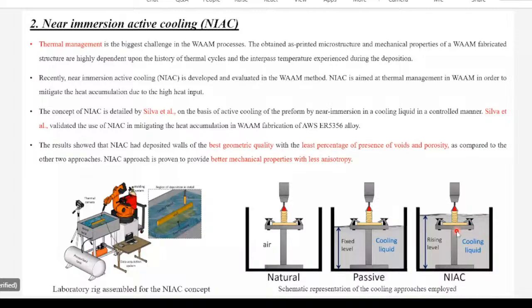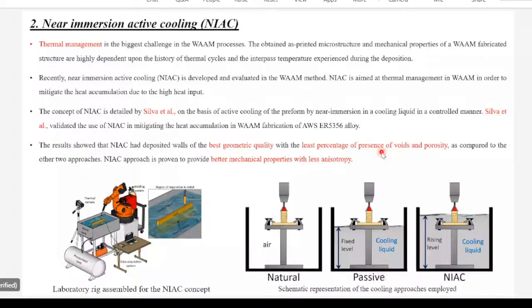With this near immersion active cooling, the results showed that with the NIAC deposited wall, many researchers are getting the best geometrical quality with the least percentage of voids and porosity as compared to the other two approaches for WAM quality improvement.